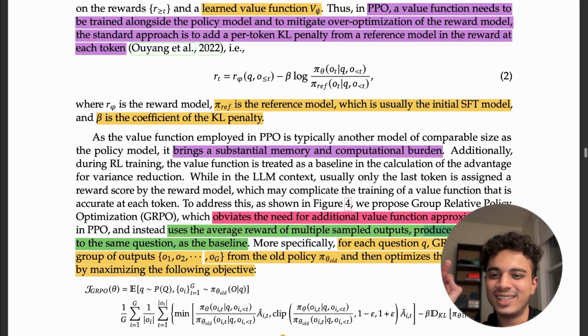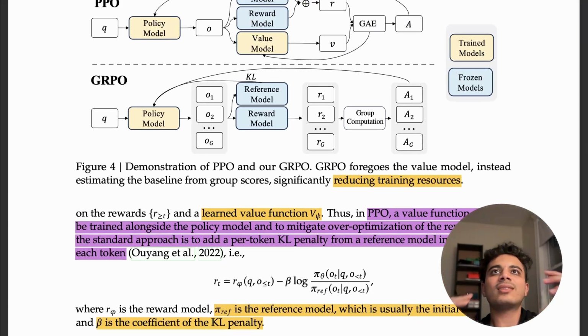Let's read that again. It uses the average reward of multiple sampled outputs. So let's talk about this. There is this question, there's this policy, and you give this policy this question again and again, and it generates multiple outputs. Let's say it generates G number of outputs, right?